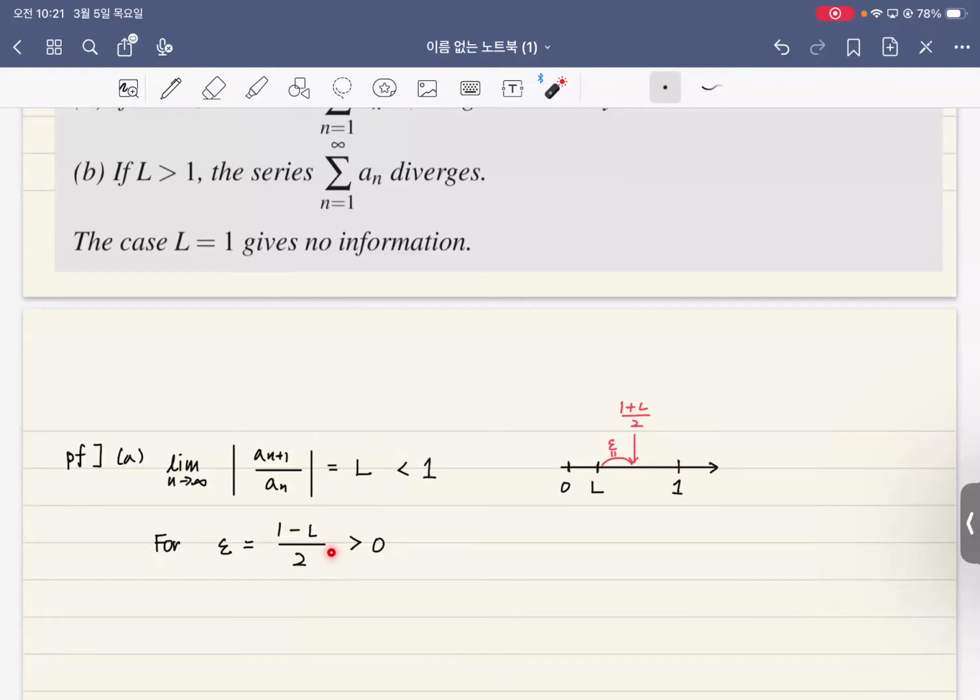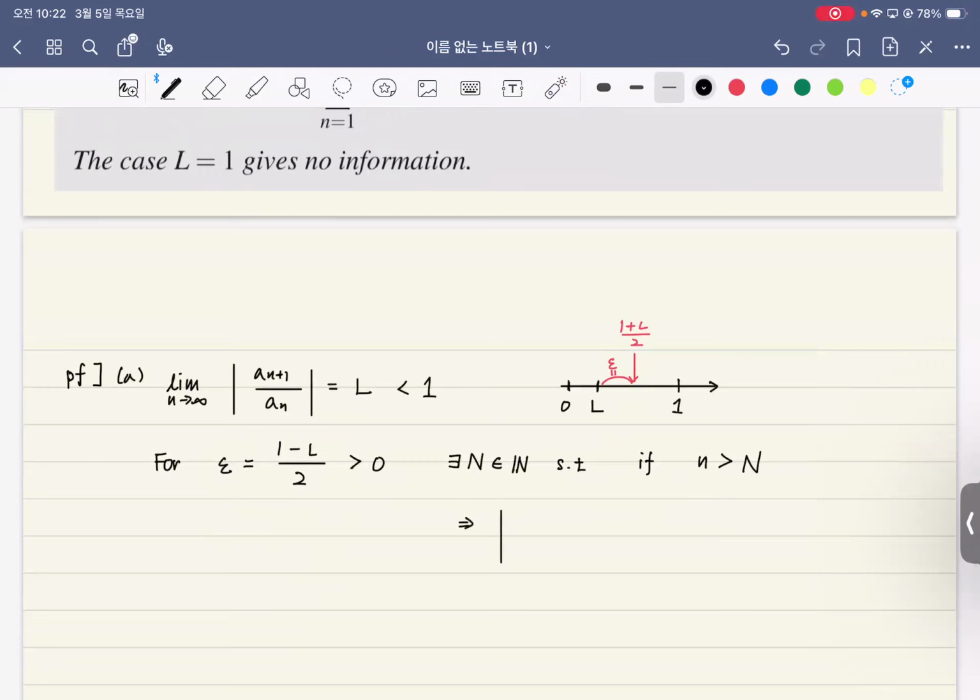And so for this epsilon, since this sequence is convergent, I must be able to find a positive integer N such that if n is greater than this index, then the absolute value of a_{n+1} over a_n minus L should be less than epsilon, which in this case is (1 minus L) over 2.